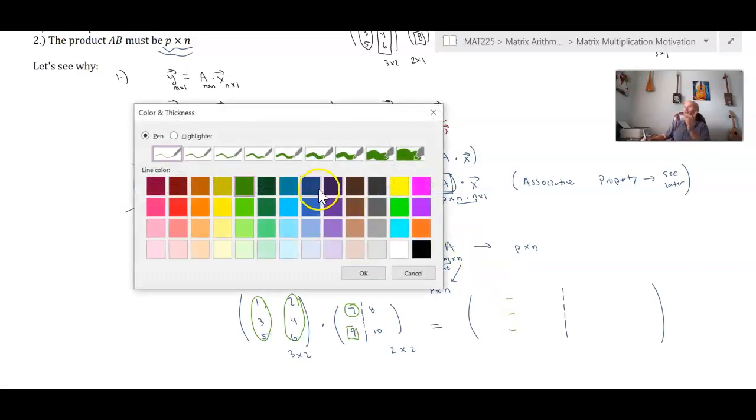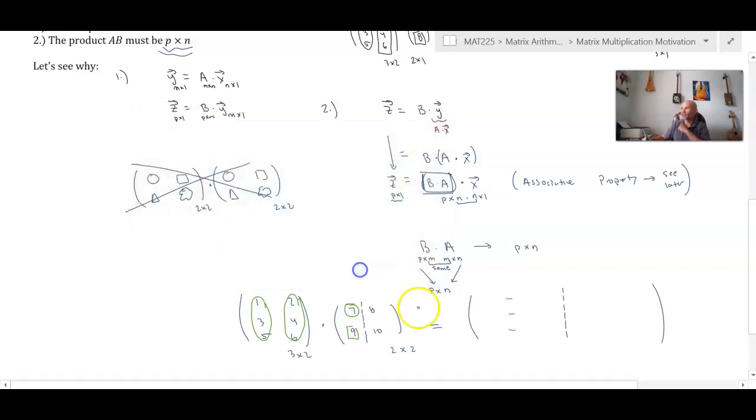Now, we're going to do one more matrix vector multiplication to get our next column, namely 8 times 1, 3, 5, plus 10 times 2, 4, 6. We'll get 3 new components, and those will form the components of that second column, thereby giving us 3 rows by 2 columns.